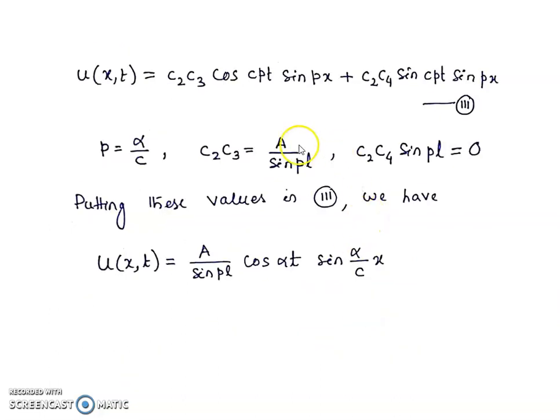Now putting these values of p, c2 c3, c2 c4 sin pL in equation 3, we have u(x,t) is equal to A by sin pL cos alpha t sin (alpha by c)x. Here p is equal to alpha by c, so it is equal to A divided by sin (alpha by c)L cos alpha t into sin (alpha by c)x.